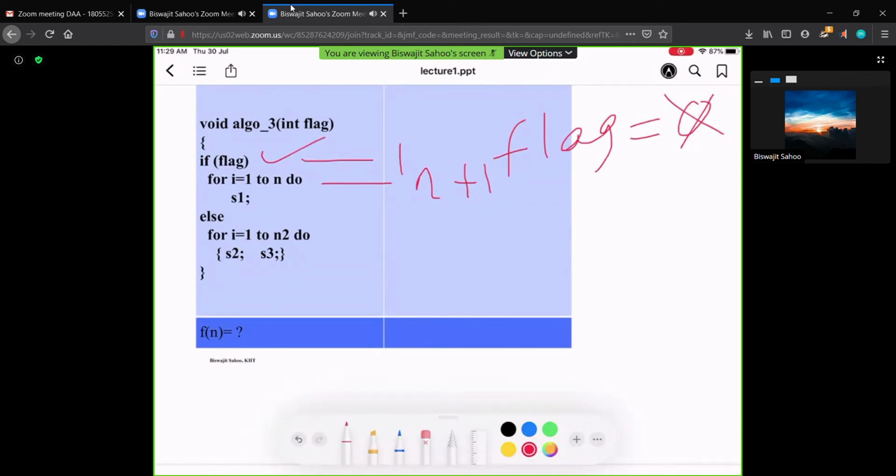Understood? It will be executed starting from 1 up to n plus 1. It will be satisfied up to n, but at n plus 1 it will not be satisfied, but the execution will occur. That is why I wrote it as n plus 1.